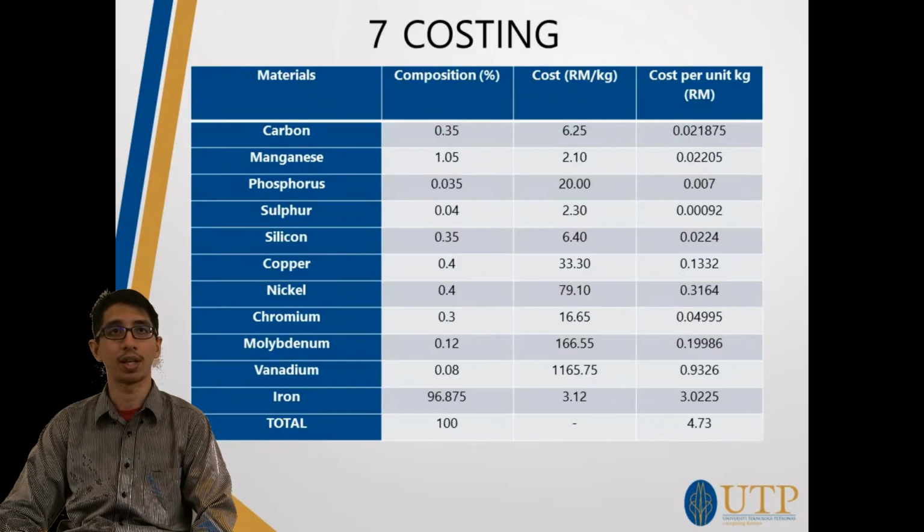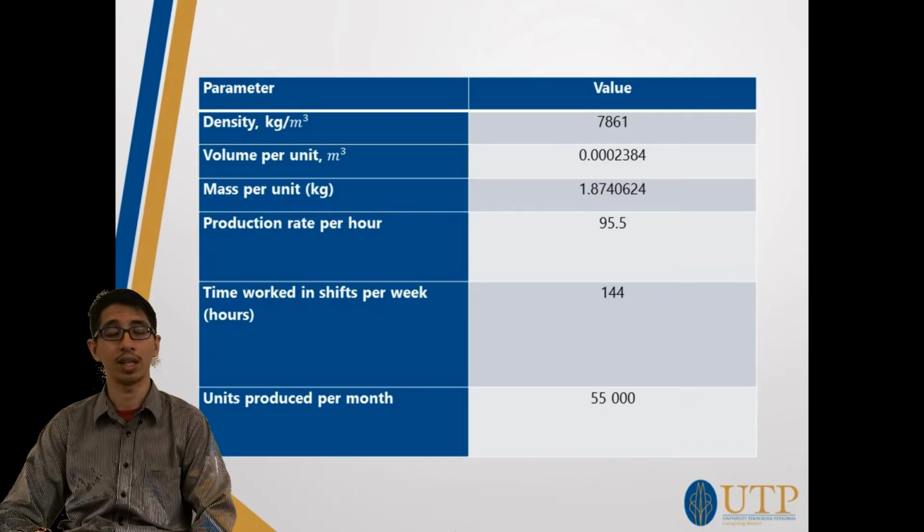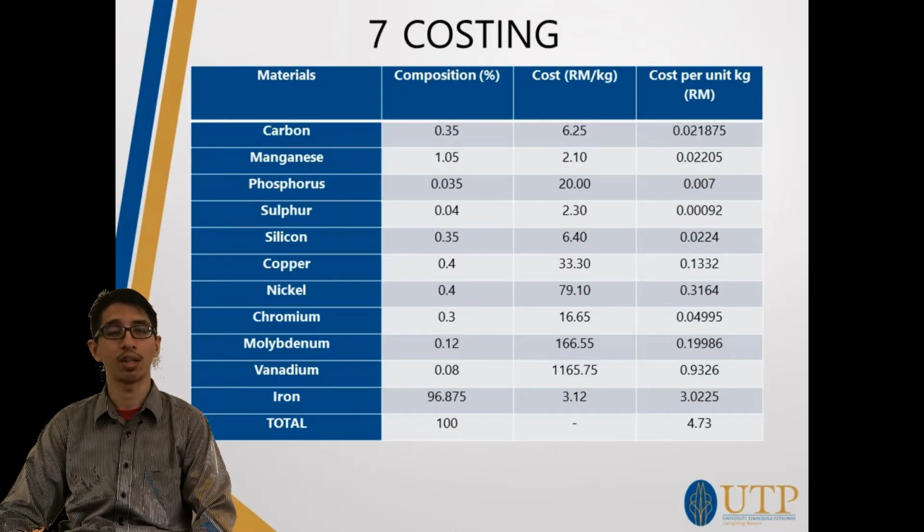So moving on to the first one, which is the cost of material. If you refer to the table based on our standard ASTM A105 that we need the materials with, we can come to a conclusion that it will cost us around 4 ringgit 73 cent per kilogram for the materials.